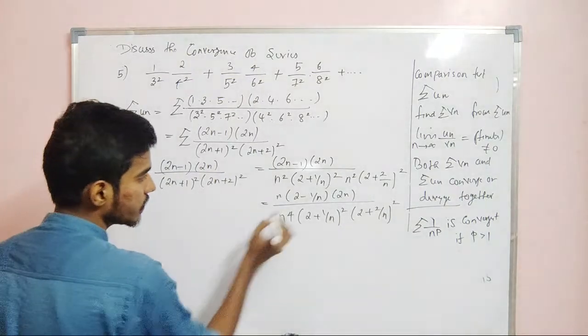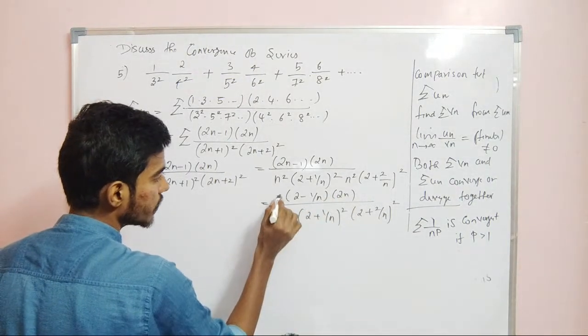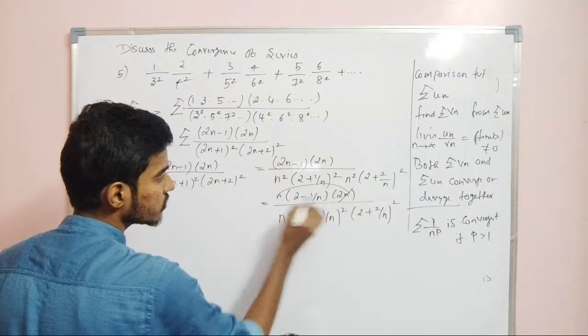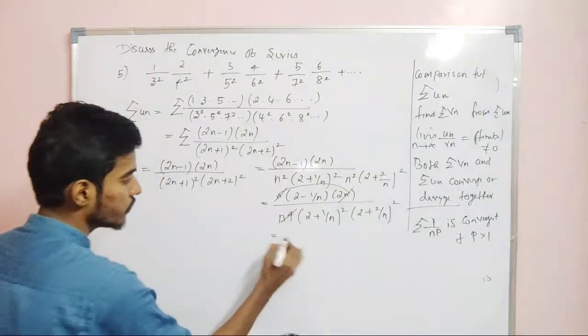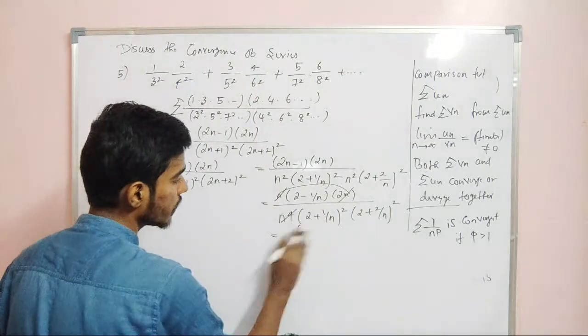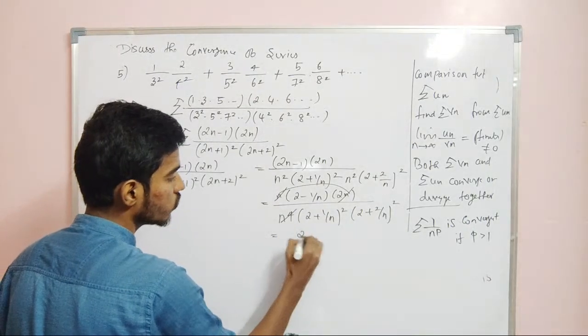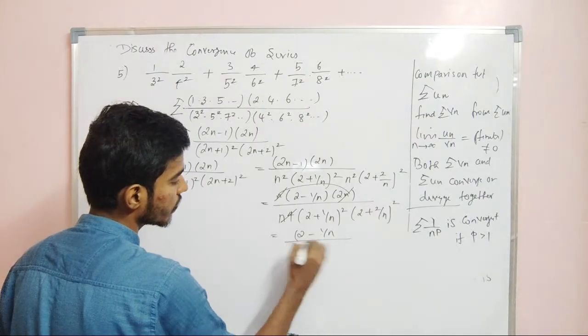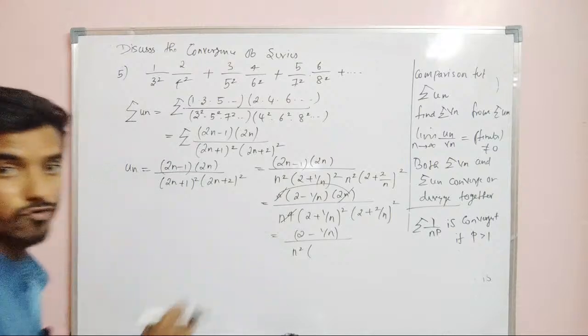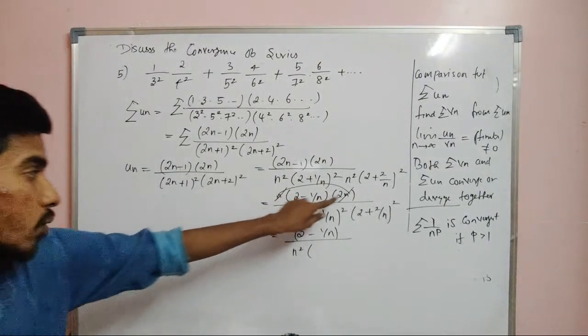Now we can see this n into n is n square, so this n square and one n square will get cancelled. So we are left with the numerator 2 minus 1 by n, divided by, here we will have one n square, because here n power 4 and n square will get cancelled.